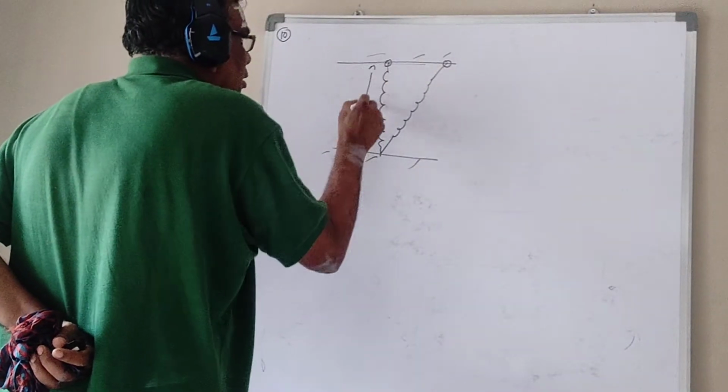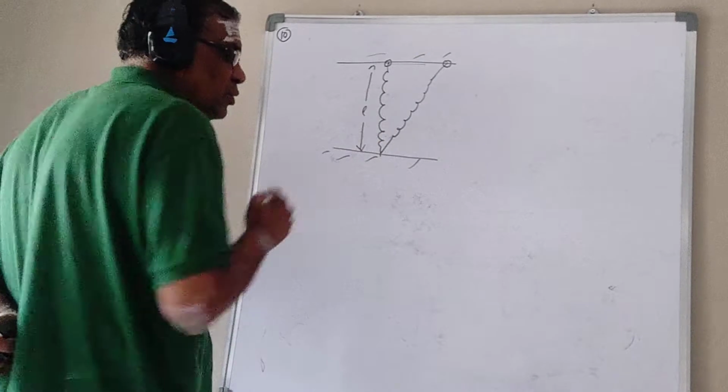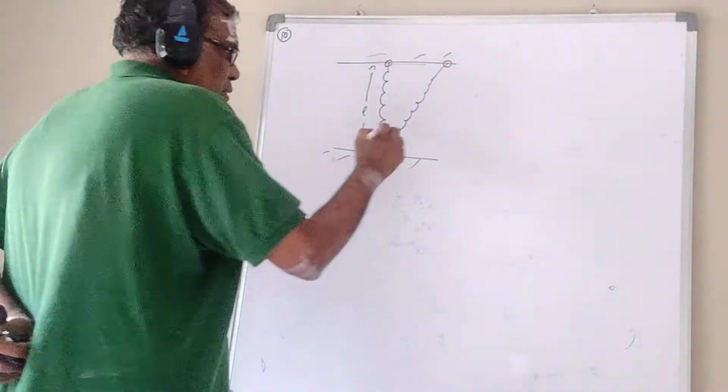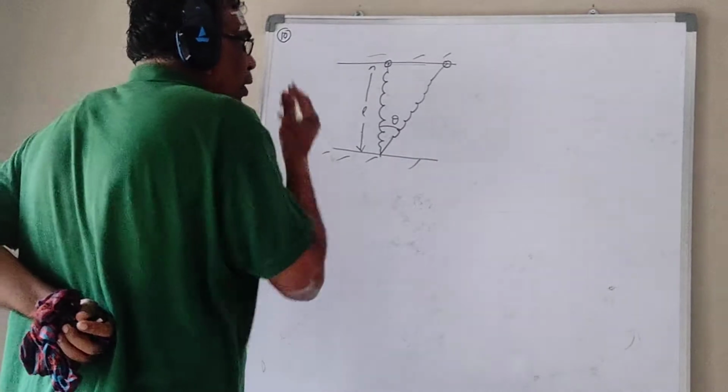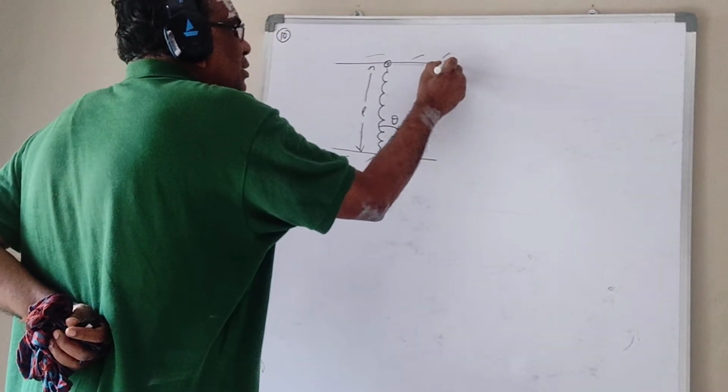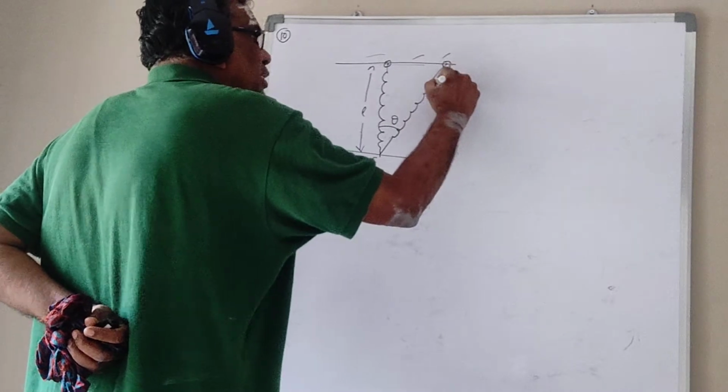Suppose this is the natural length of the spring, and this is theta. If you release this, what is the elongation here?